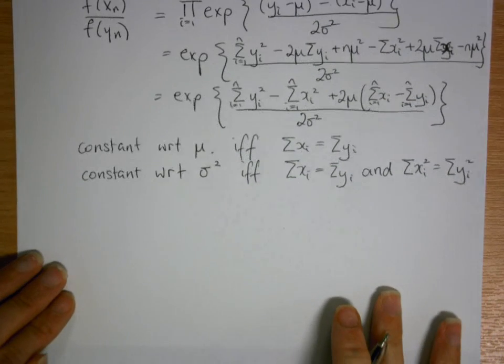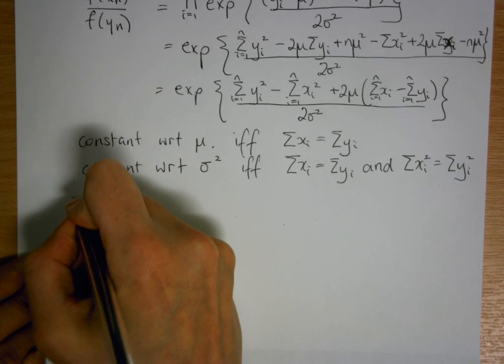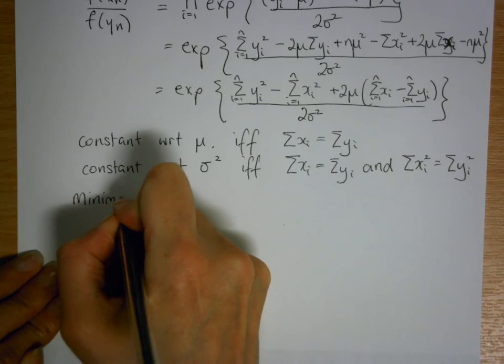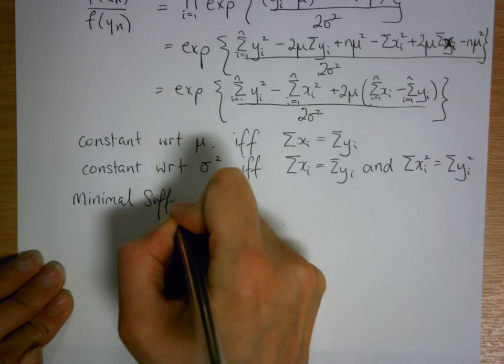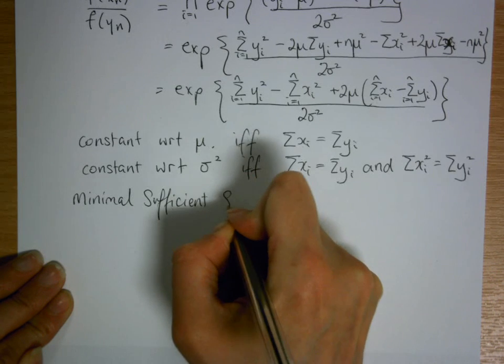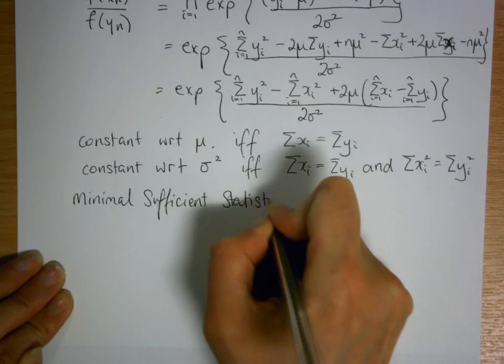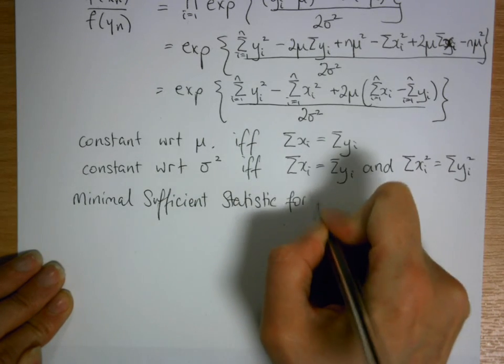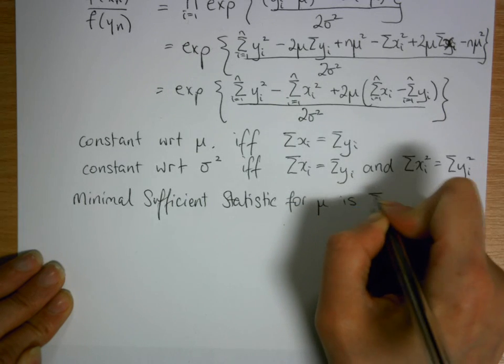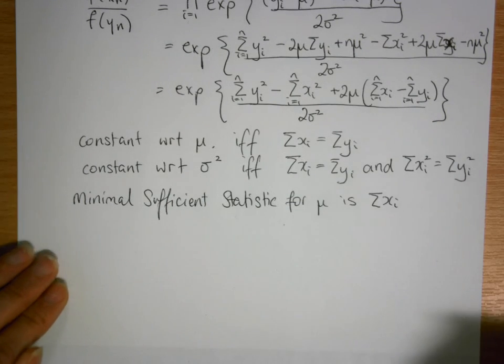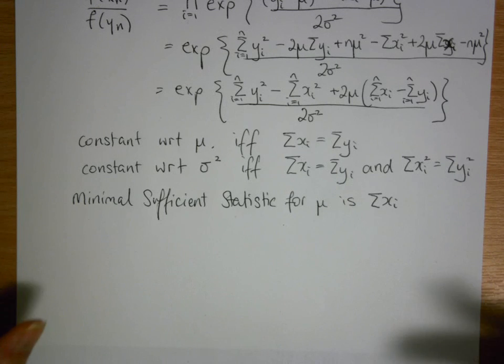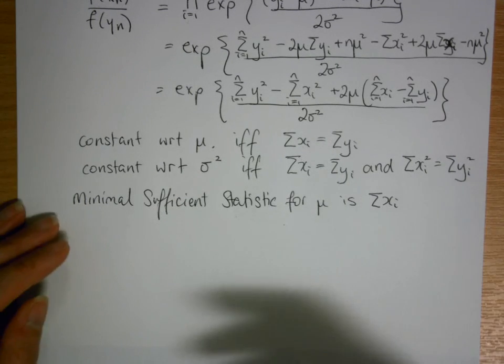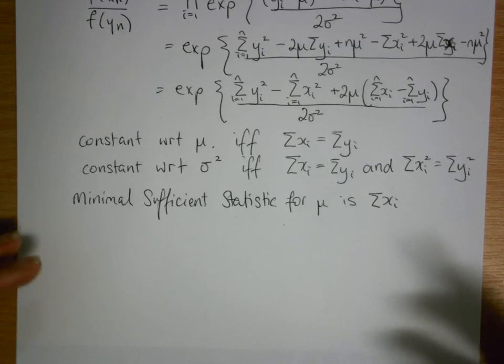So your minimal sufficient statistic for mu is the sum of xi, or any simple function of the sum of xi, for example, the mean, which is the sum of xi divided by your number of samples.